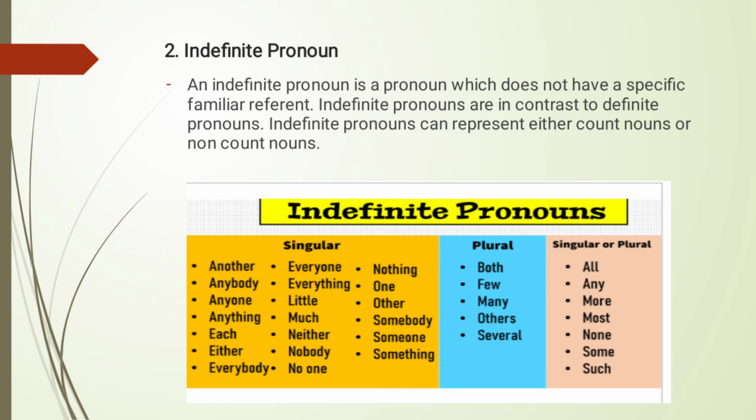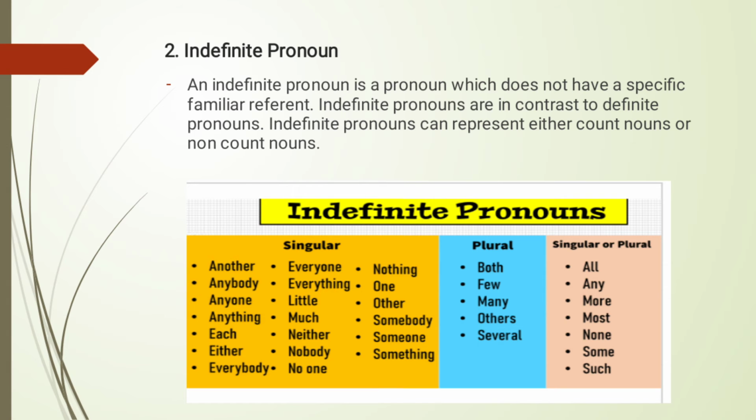As you can see in this table, we use different indefinite pronouns to refer to persons, places, or things, and it differs according to the form of the sentence whether it's positive or negative, and also whether it's singular or plural.